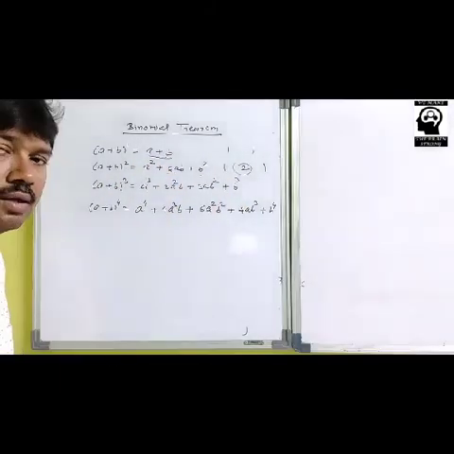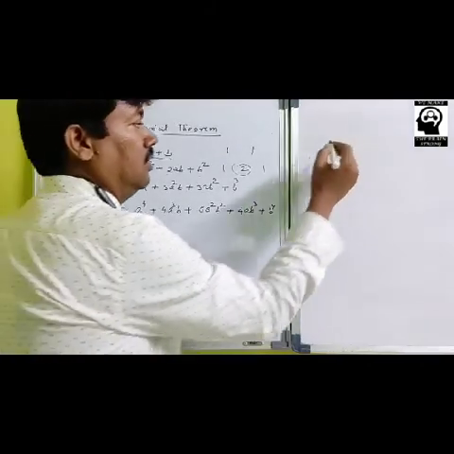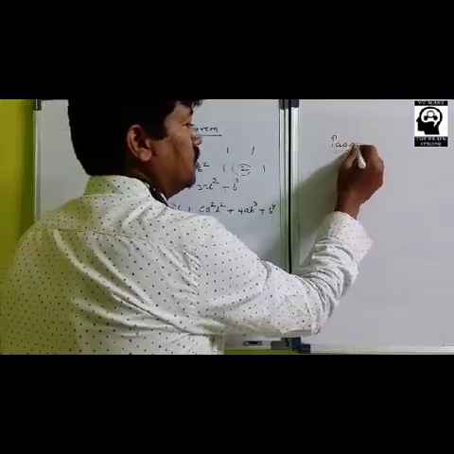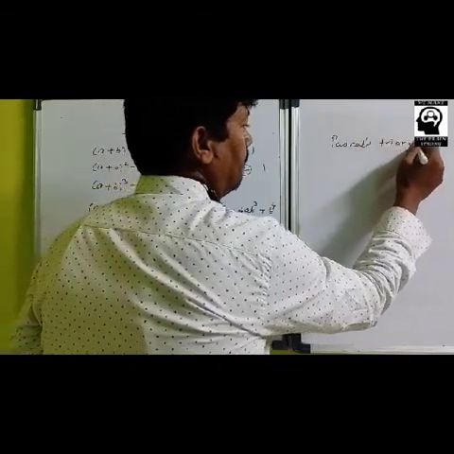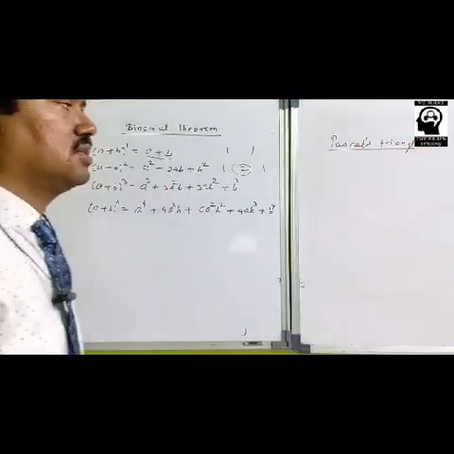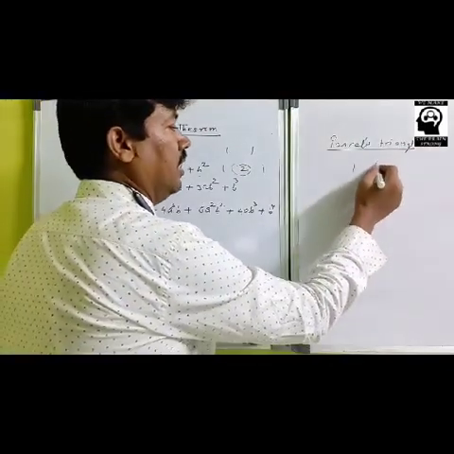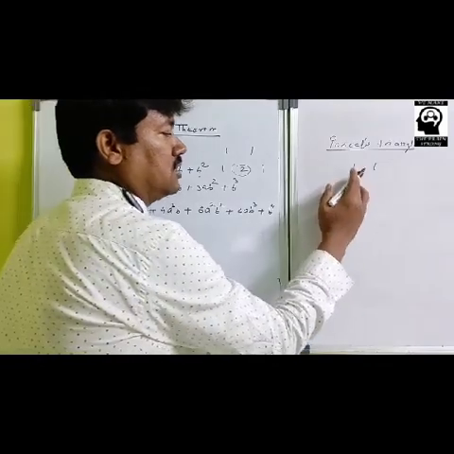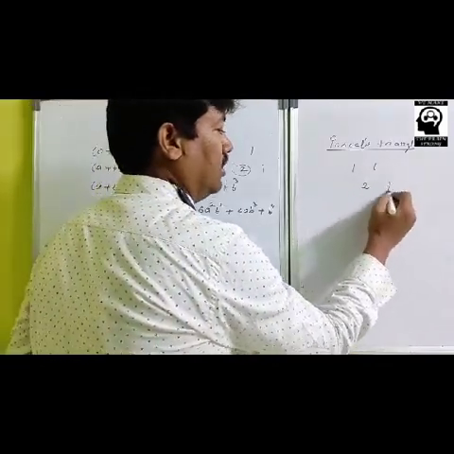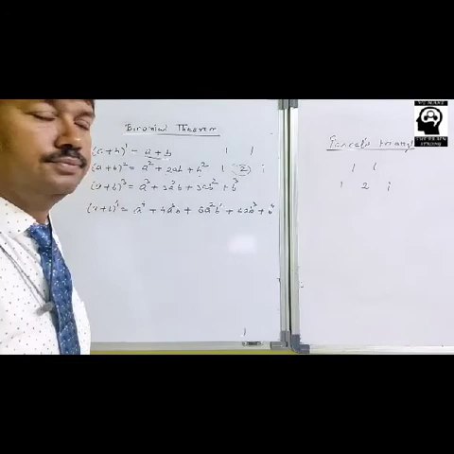That is called Pascal's triangle. The Pascal's coefficients. So what is Pascal's triangle here? Students, Pascal's triangle is, if you write 1, 1 as the coefficients in the first expression, the second expression is the sum of these two, that is 2, and again the last is 1, 1.